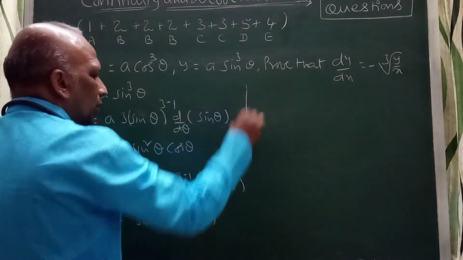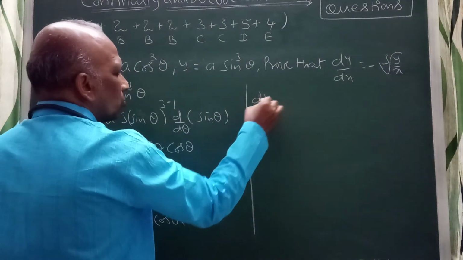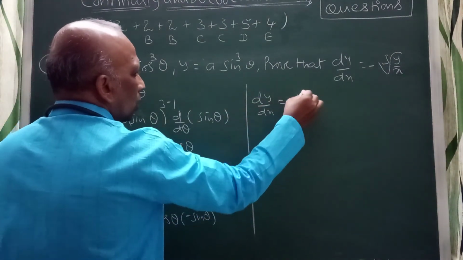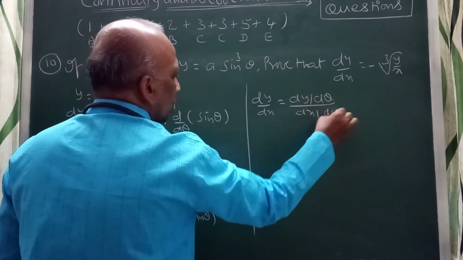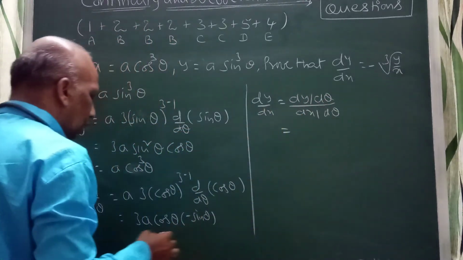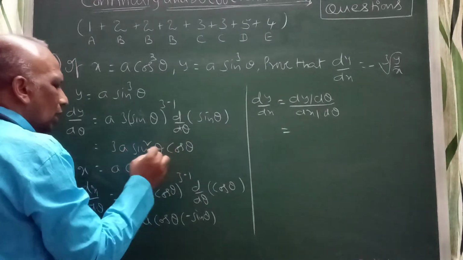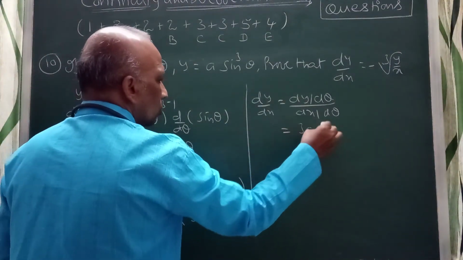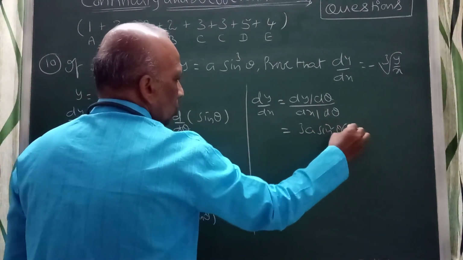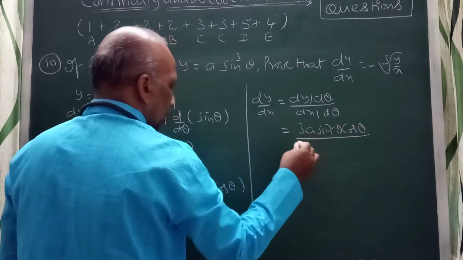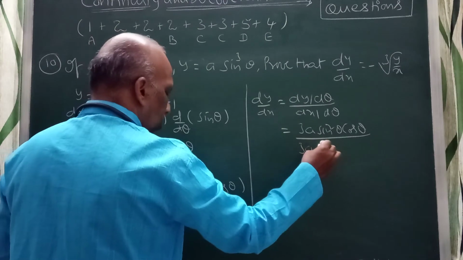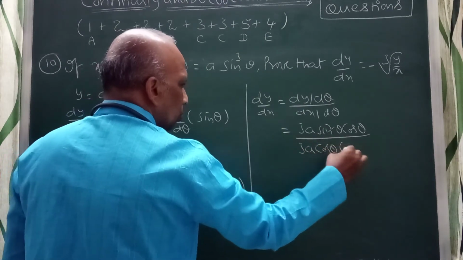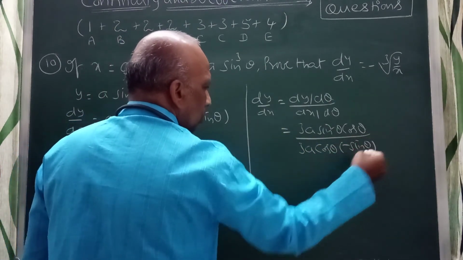Now I will write dy by dx equal to dy by d theta divided by dx by d theta. So what can I write now? This one is 3a sin square theta cos theta divided by 3a cos square theta into minus sin theta.